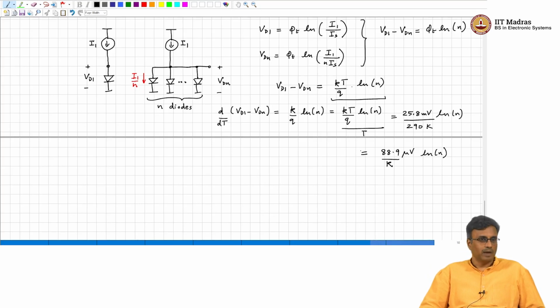So, to get 2 millivolts per Kelvin you need 9.7 billion diodes, right. Okay. All right. So, that's obviously not practical. So, what do you think we can do? Can somebody think of a simpler way?